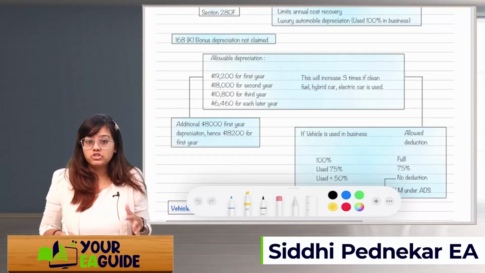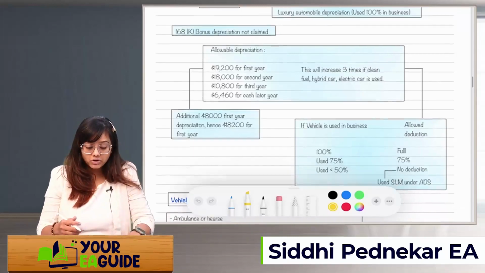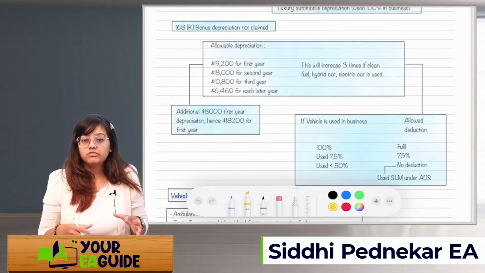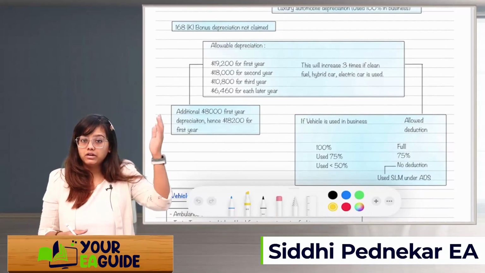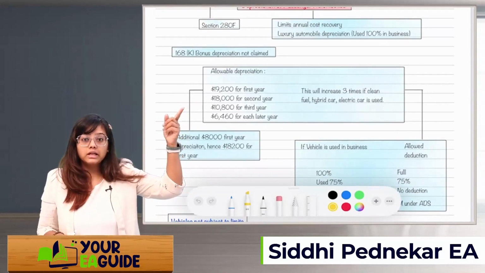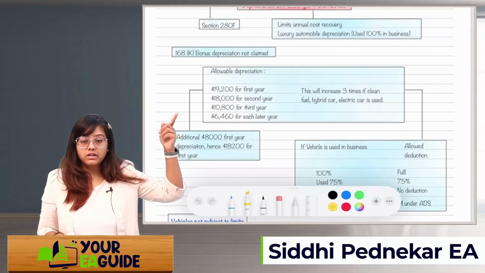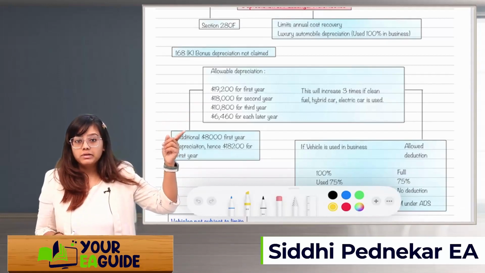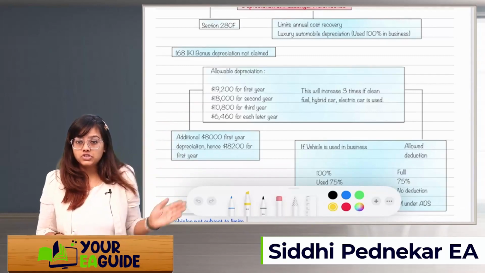Here, the limits have been changed. The limits were different. So allowable depreciation depends on the year: the first year when the asset is purchased, it will be 19,200, then 18,000, 10,800, and then after the third year, it will be 6,460 in each year.